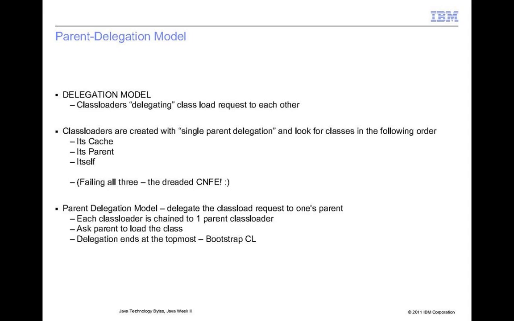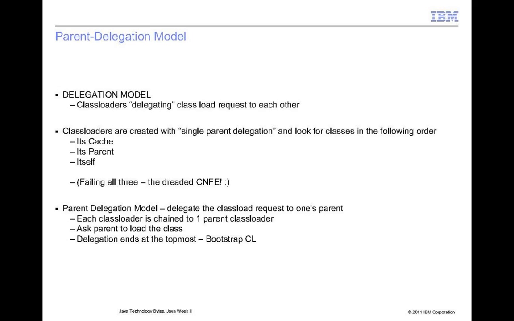Now, a class loader will first look for a class in its cache to see if the requested class was previously loaded by itself. In this case, there is no delegation required. This serves pretty well as a performance enhancement, wherein you need not do the delegation in case of a previously loaded class.